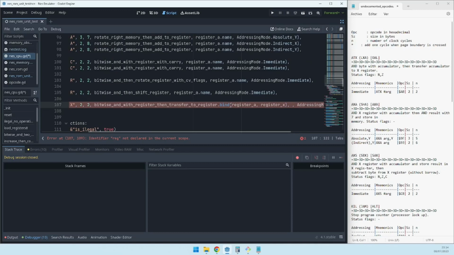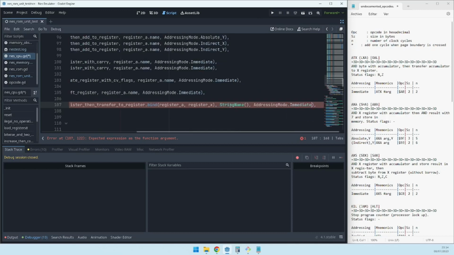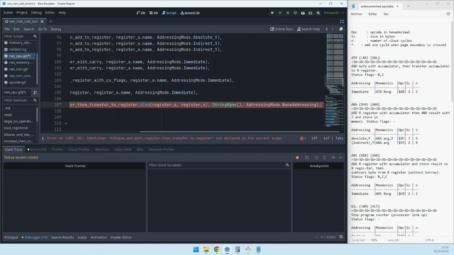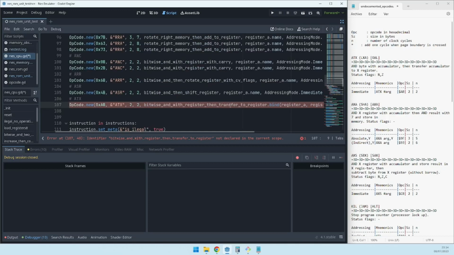And I am going to not specify any register. And we'll make the addressing mode, was there a non-addressing? Yeah, I think this is the way to do it.